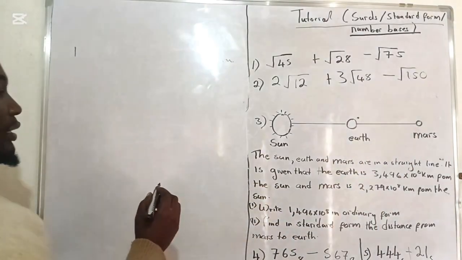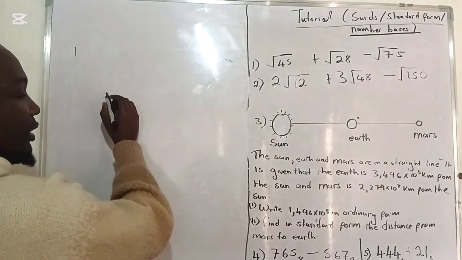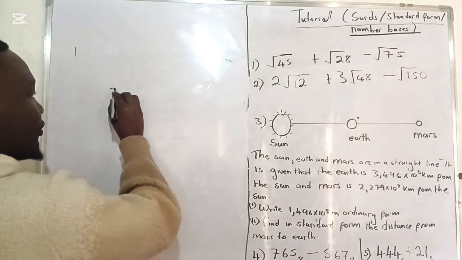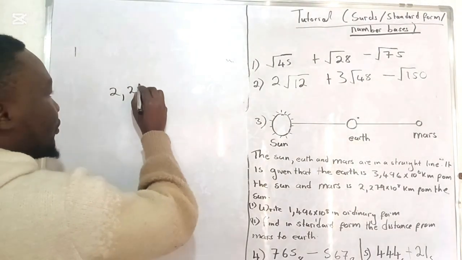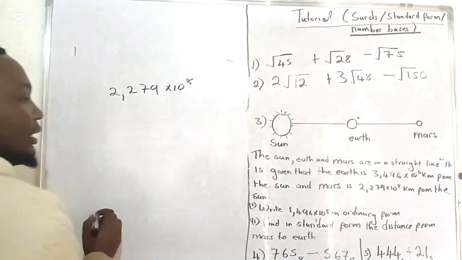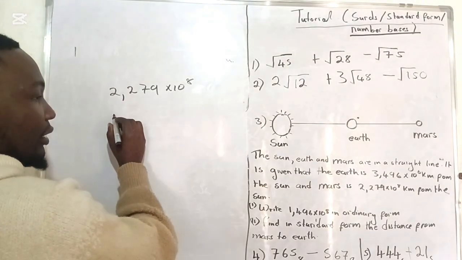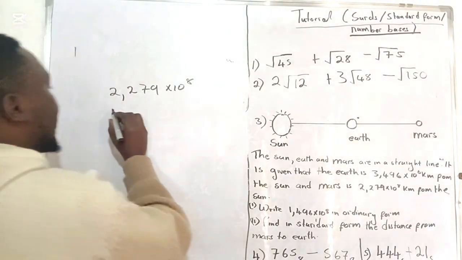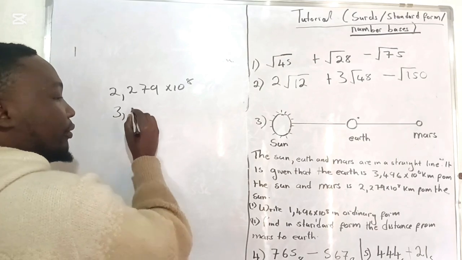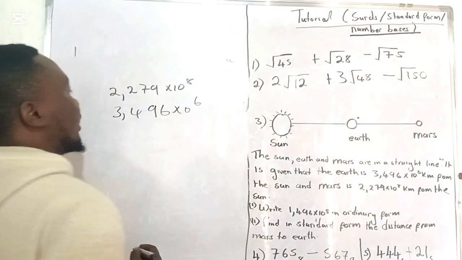So let's calculate. Firstly, the distance from the Sun to Mars you have as 2.279 times 10 to the power 8. Then the distance from the Sun to Earth is given as 3.496 times 10 to the power 6.